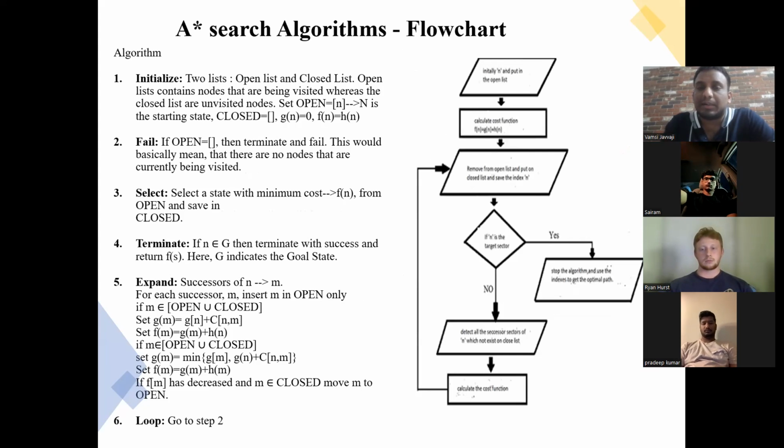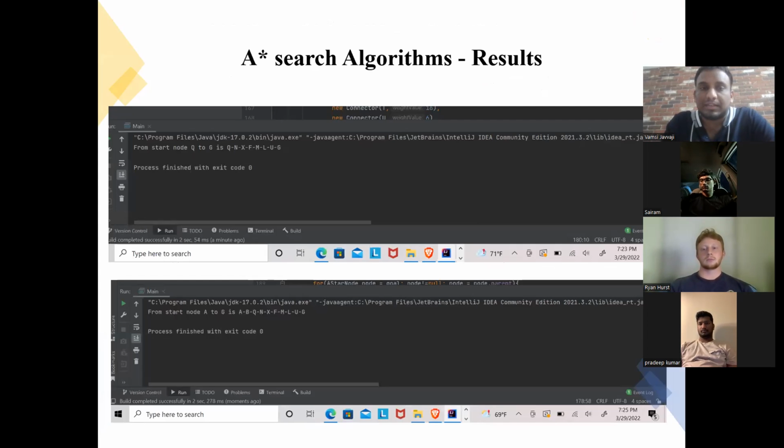Then it will check the condition. First, it will check the possible nodes to which it can go. It will go to the shortest distance. Similarly, this process will continue till it reaches the goal node. It is the same as explained in the form of the algorithm.